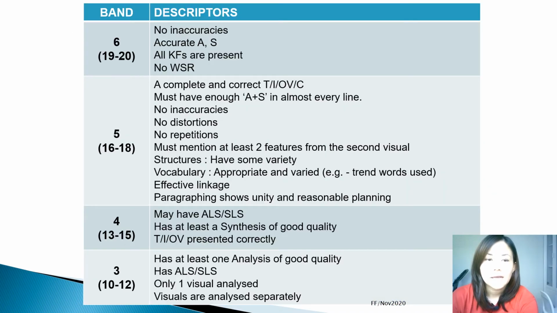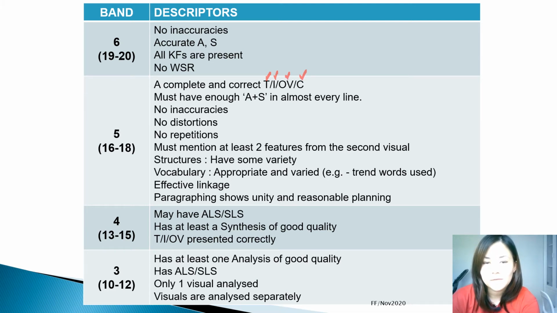All right, candidates, it's actually not difficult to score in analysis writing if you understand what the examiner wants you to write. First of all, I want you to make sure that your analysis has a complete title, intro, overview, and conclusion. So that is the first thing.